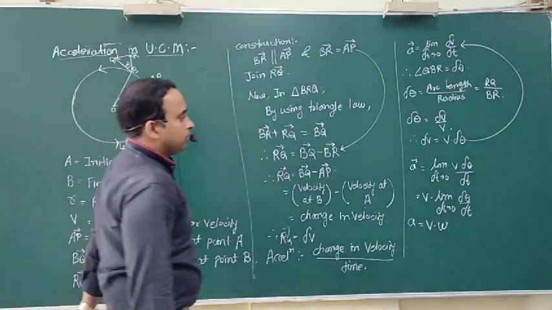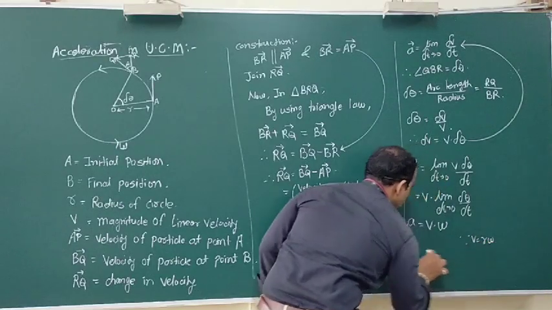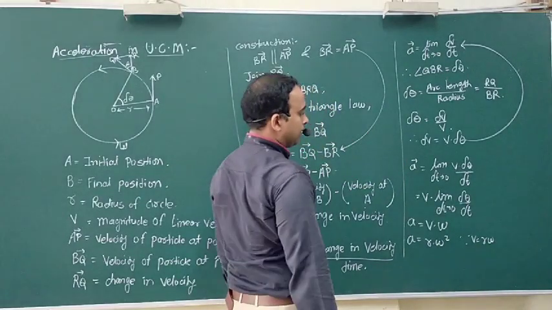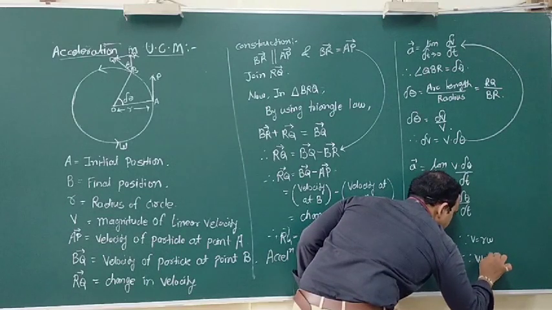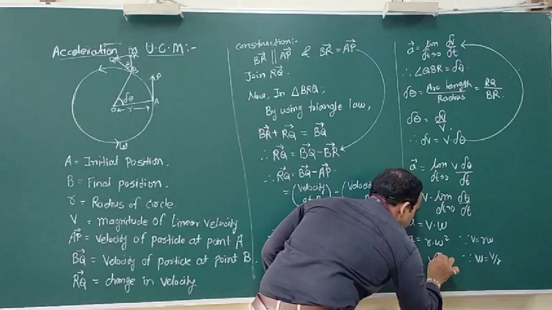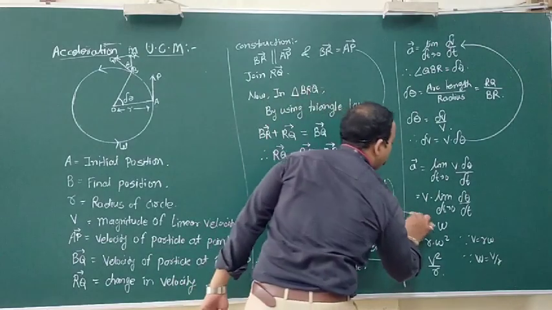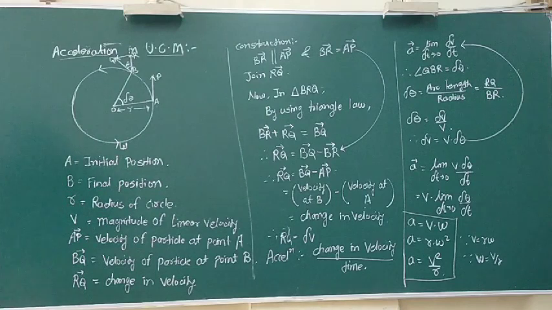Or we use the equation V is equal to R omega, so we get A is equal to R omega square, or substituting omega is equal to V upon R, acceleration is equal to V square upon R. These are the formulas for acceleration in uniform circular motion.